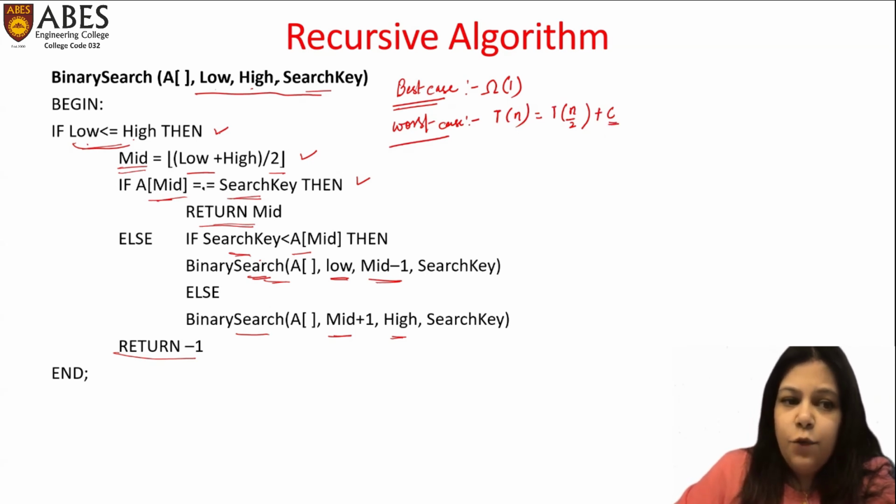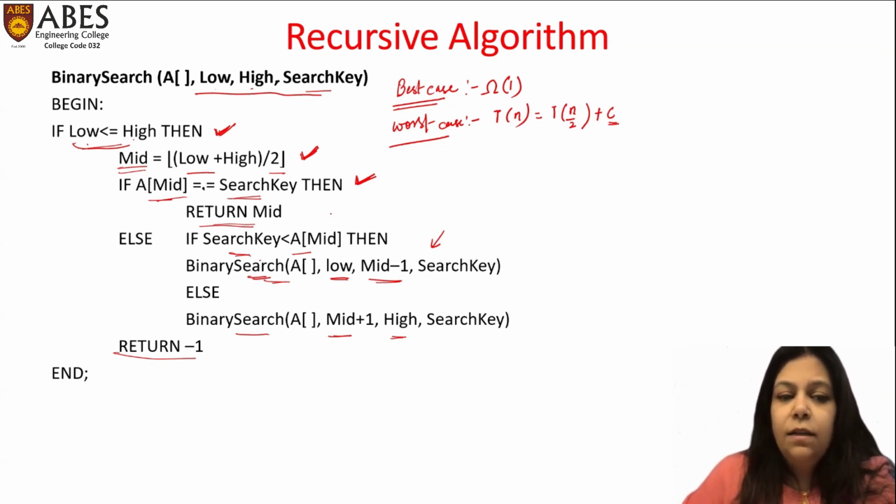Like in this case, we have to check the value of low and high. Then we have to compute mid. Then we have to check whether the value is found at the middle position or not. Then there will be the recursive calls. In the similar way, we have to follow these steps in the iterative approach as well. And then the values of beginning and end are shifted in a way that the number of elements becomes n by 2.